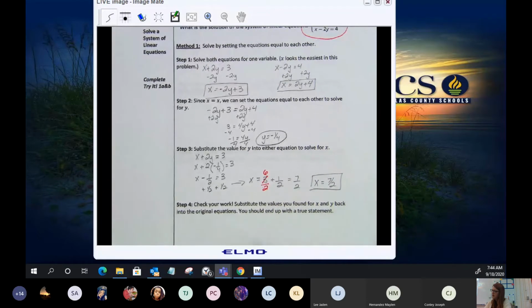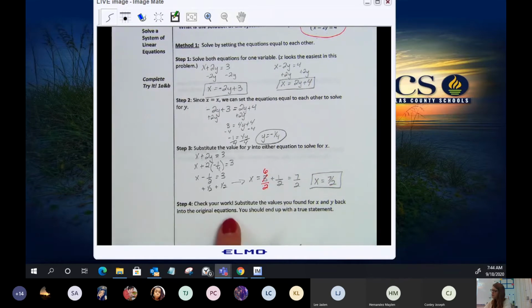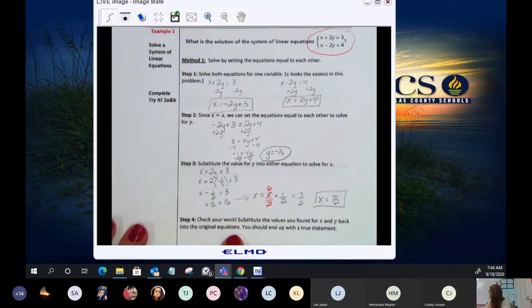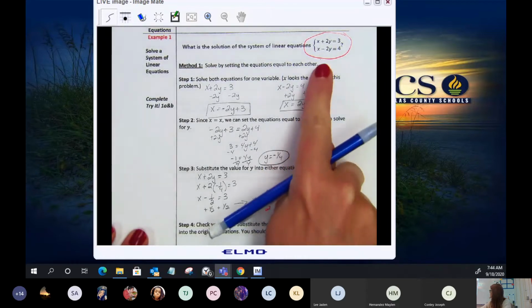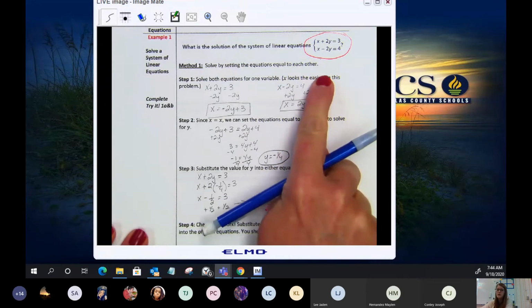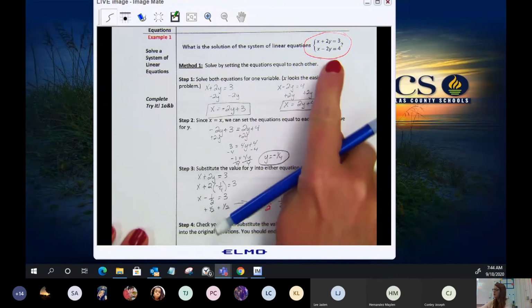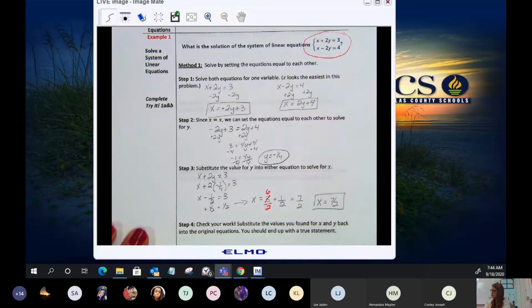So now let's go ahead and check our work, and then we'll list the solution as an ordered pair. So what you're going to do is substitute what you discovered for x and for y into both of these equations to make sure you come out with a true statement.